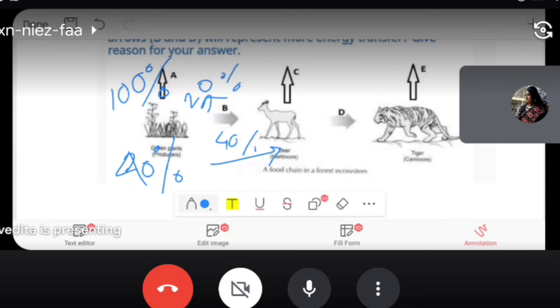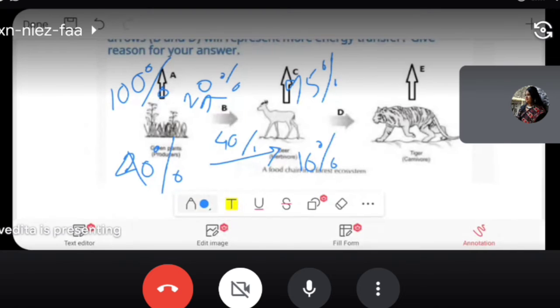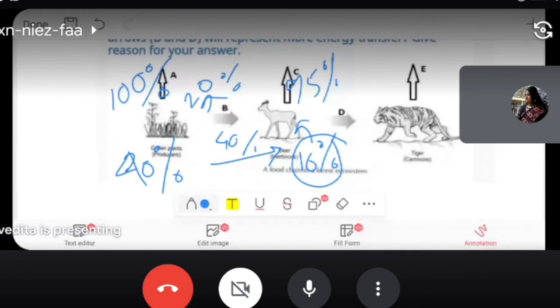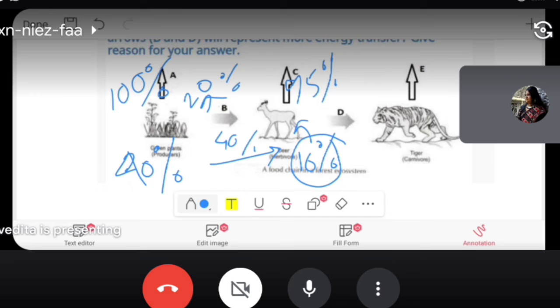In between this 40%, just think 5% they have lost to the environment, and another 10% they have consumed for themselves. So the remaining 25% is going to the next consumer. Of this 25%, they will also transfer 5% to the environment.